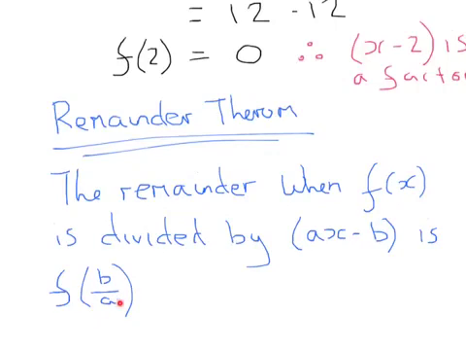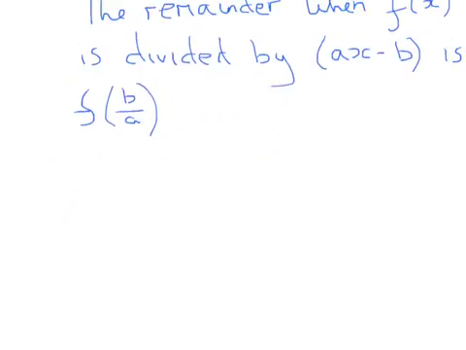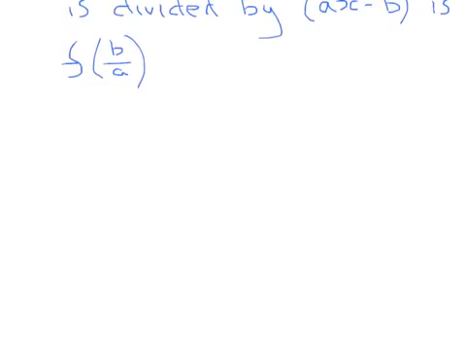I'm looking for this value, which is what makes this bracket 0. If you think about this, if we set this equal to 0, we'd add b, then we divide through by a. So it would be the function of b over a. So the remainder when the function of x is divided by ax minus b is the function of b over a. Okay, so let's just do a quick example, and then I'll show you a type of question you might be asked.